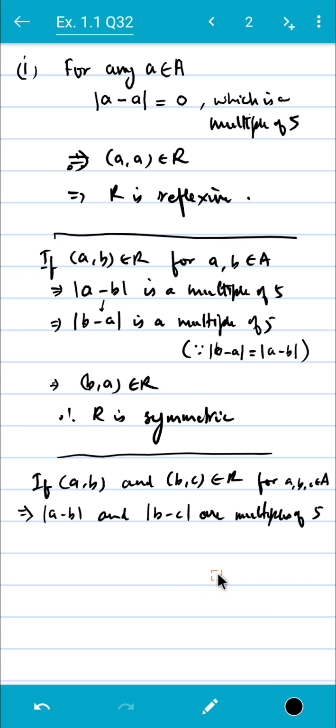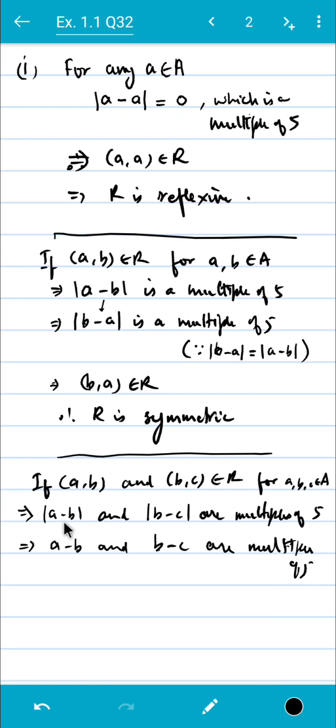So here we find out the value of these two separately. First we try to remove the modulus. I get that a minus b and b minus c are multiples of 5.